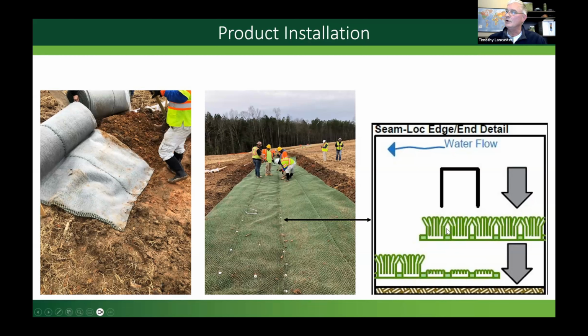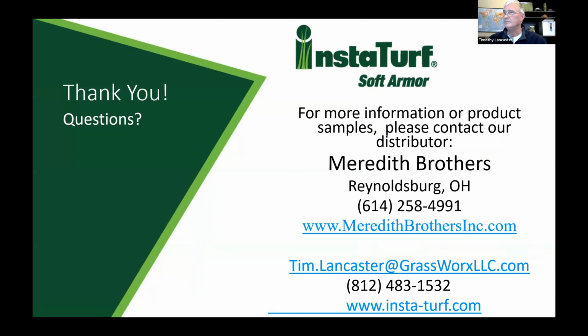When you're seaming two rolls side by side, you're overlapping that full turf onto that flat edge, and it makes for a really nice, secure, flat seam between rolls. And that same overlap edge is actually on the terminal ends of the rolls too. So when you're overlapping rolls end over end, it gives you that same nice flat seam.